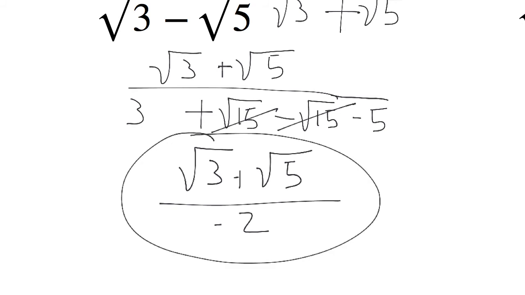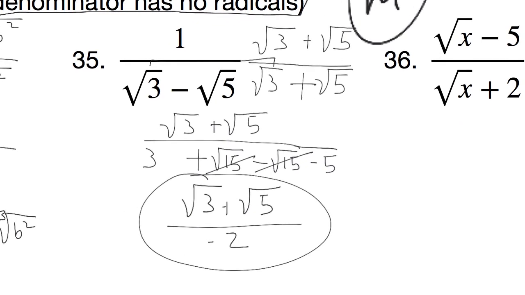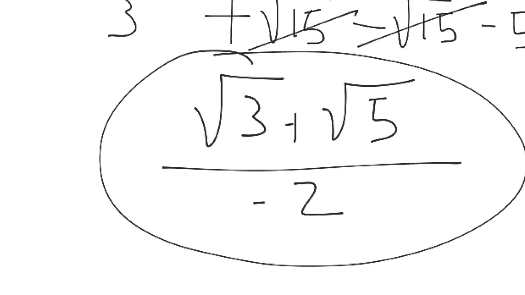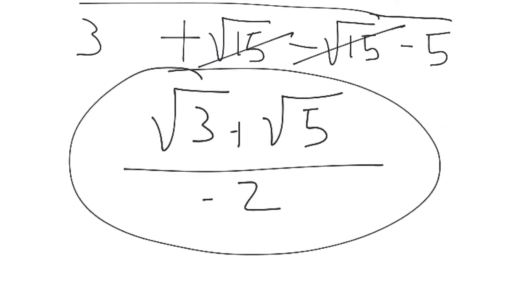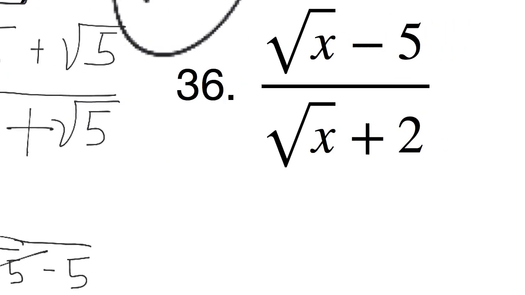That's your answer. It's the same value. In fact, if you type these into the calculator, you would get the exact same decimal value for both the start and the original. But the great thing about the final product here is that there's no radicals in the denominator, which is what we need when we get to calculus.